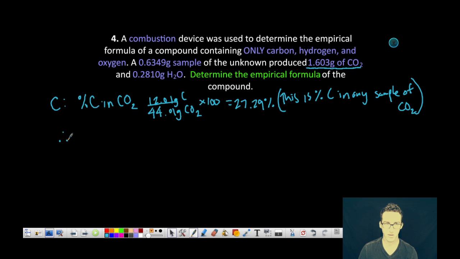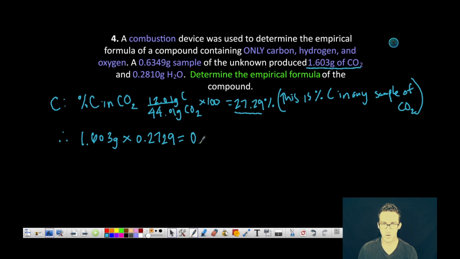Therefore, if we had a 1.603 gram sample, only 27.29% of that 1.603 grams would be carbon. So we simply multiply this by the percent, 0.2729. Again, I just moved my decimal 2 places there.